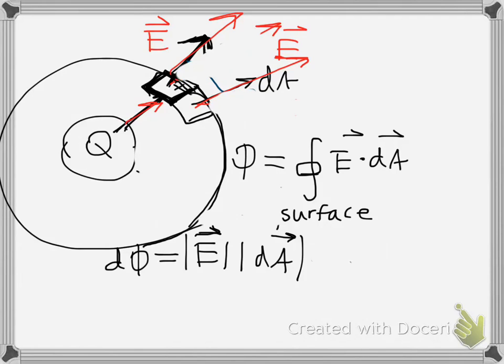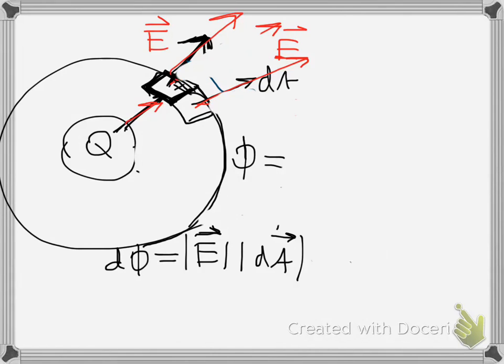So the electric flux is just the magnitude of the electric field times the area element, because cosine of theta is just 1. So basically it's just equal to the integral of E times dA over this whole sphere.